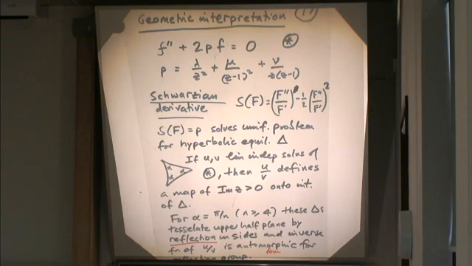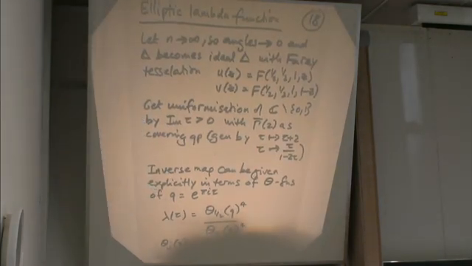If you take something of index 2, you'll just get a usual Fuchsian group. Right. Well, then we're going to get this elliptic lambda function. This is one way of doing it.